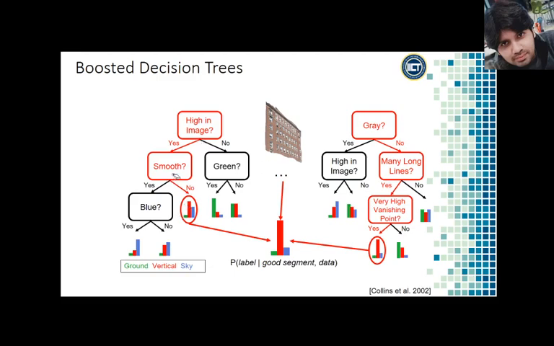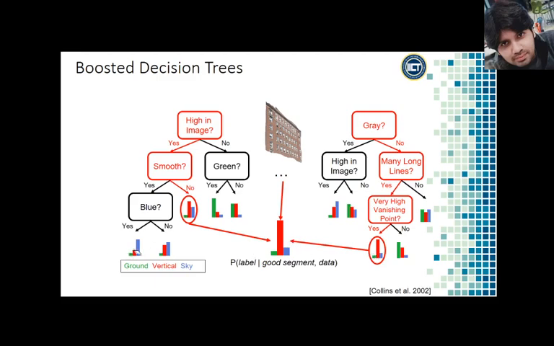Now here in this case, if the smooth is no, then you will see that this has a kind of weak relation. So what it does is it sets it as a weak classifier and it will try to train it to make it a stronger one. Similarly, in this case, if you see that many long lines have a yes and very high vanishing point has a yes, then this is a kind of weak classifier and it will again train it to convert it into a stronger one.